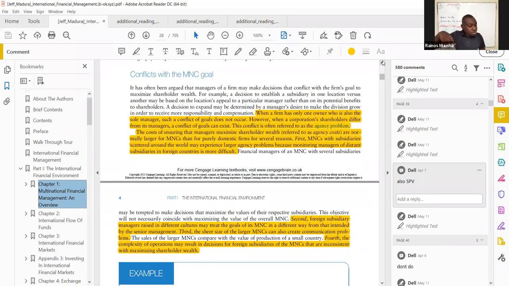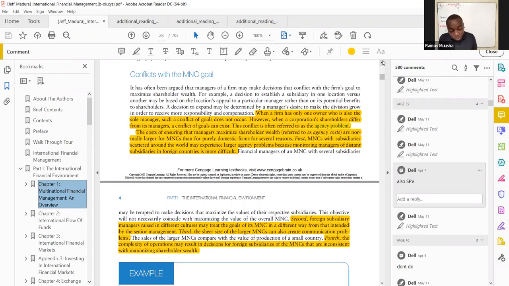Are those regional heads going to be acting in the best interest of the organization, or are they going to be pursuing their own agendas as well?